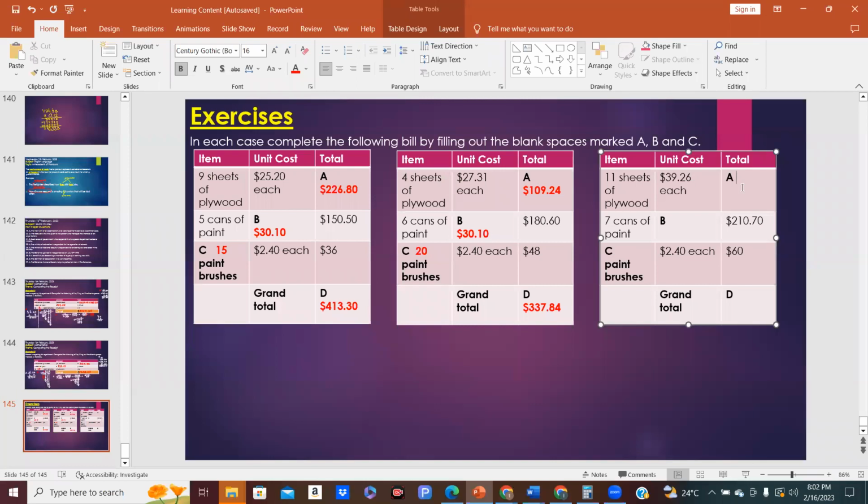Now the total for the number. Let me ask Tara. Tara, can you help me with this one? Tara, help me with A. The total I got is $431.86. No, not the total, I mean for A. She's right for A. That's right.